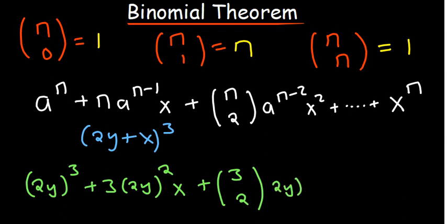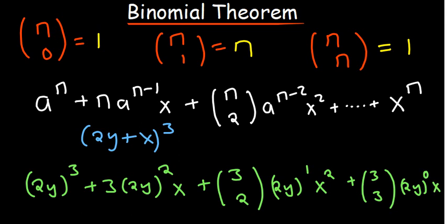Now at this point it is raised to the power 3 minus 2, which is just 1, and then your x will match up to be the power 2. And then for the last part you have 3 choose 3, which I already explained. That is just the same as a 1, but I will show it for the sake of your understanding. And then 2y will be the power 0, and x will be the power 3.